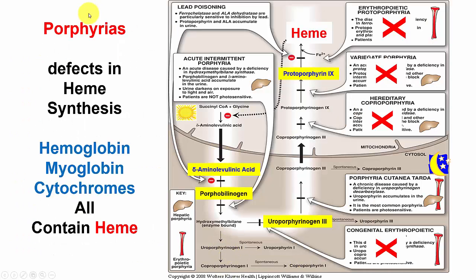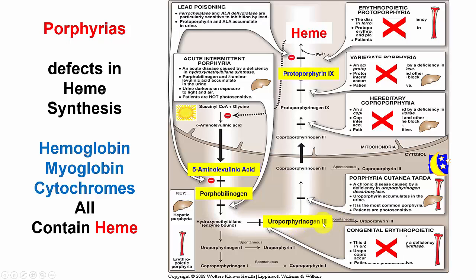Here's an overview of the porphyrias. Acute intermittent, the first one in the pathway. Remember, succinyl-CoA and glycine goes to porphobilinogen, and this is the one that you get in acute intermittent. Then Cutanea tarda winds up having an excess of uroporphyrinogen 3.